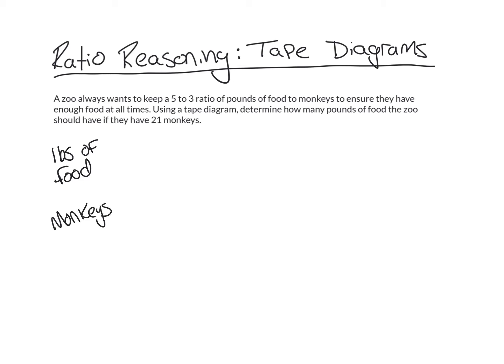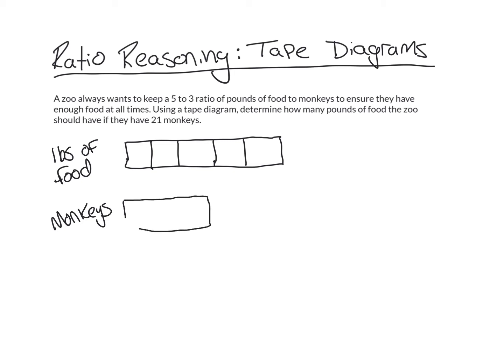So the ratio is 5:3, so I'm going to draw 5 boxes with the food, because the ratio is 5:3 pounds of food to monkeys. All right, so 5 boxes there, and then 3 boxes for the monkeys. So that's our original ratio, 5:3.